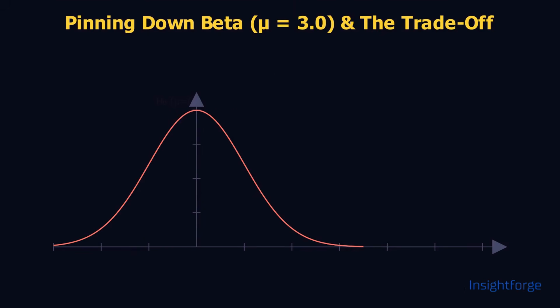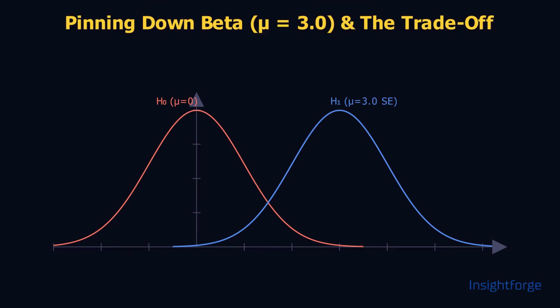The only way to pin down this second mistake is to specify a concrete effect size. Let us say the new button is so good that its true effect sits 3 standard errors to the right of 0. Now, we have a second bell curve centered on 3, identical to the first, but shifted. The type 2 error, which we call beta, is the piece of this second curve that falls to the left of our decision line.